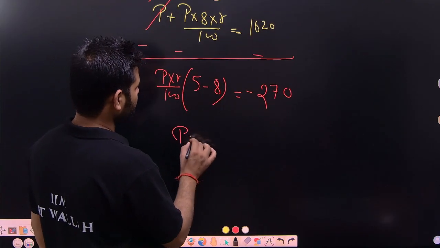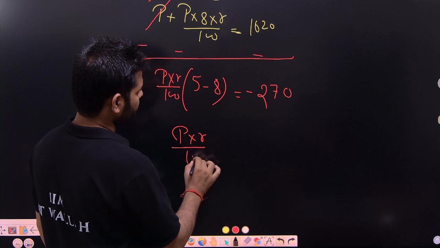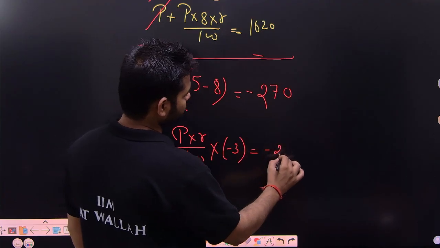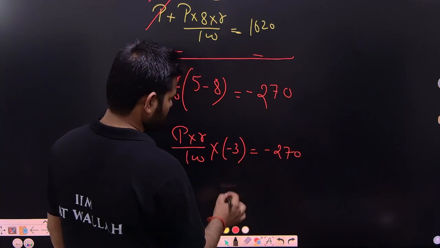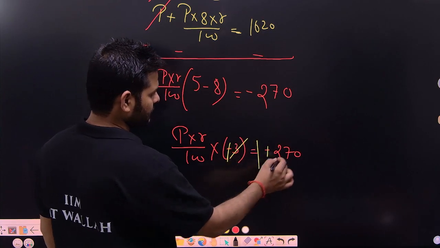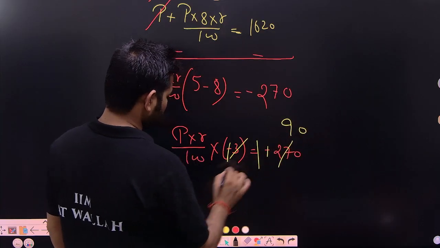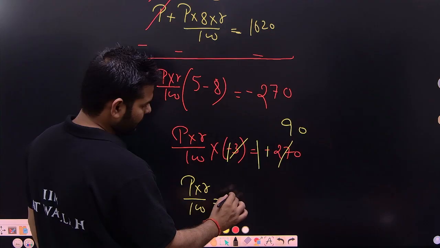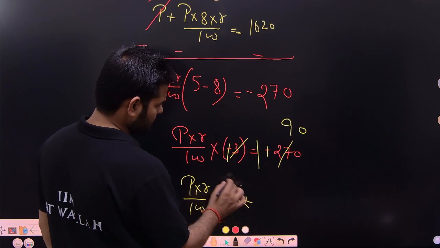Now P r upon 100 into minus 3, that would be minus 270. Minus 3 cancels out, so P r upon 100 would be 90 rupees.